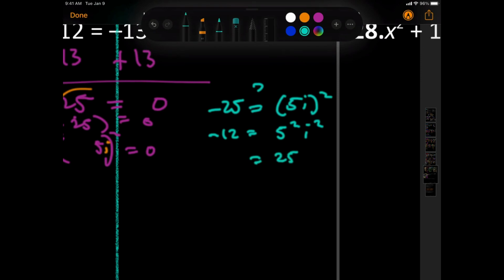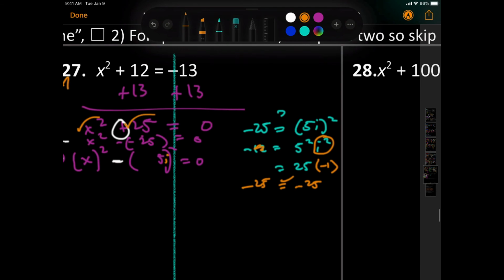So that's 25, and then i squared is negative 1. And that is true. Negative 25.